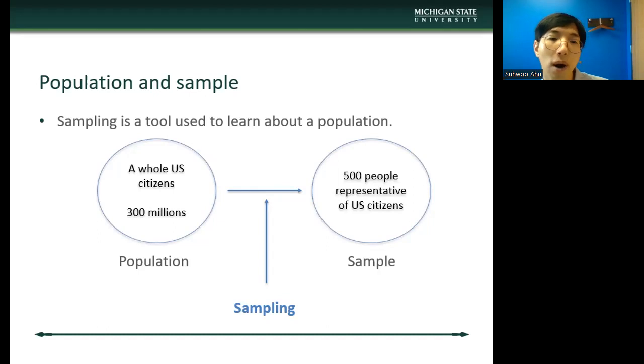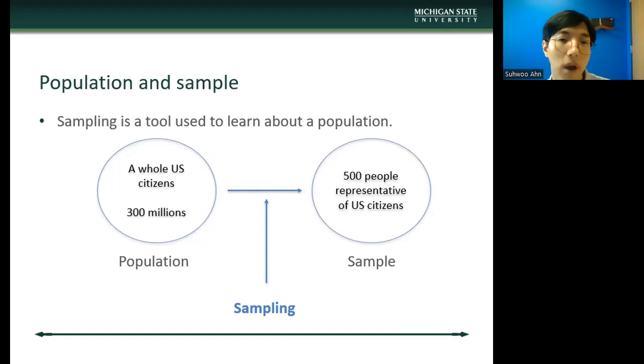So we draw a sample, a portion of the population, and we study the characteristics of the sample, like 500 people representative of US citizens. By investigating the characteristics of the sample, we try to predict the characteristics of the population. This is how the population is related to the sample.